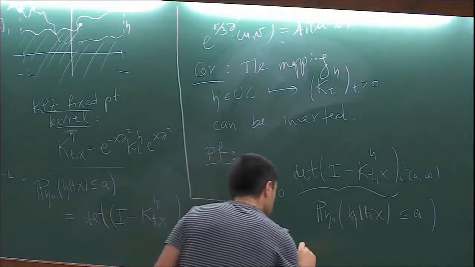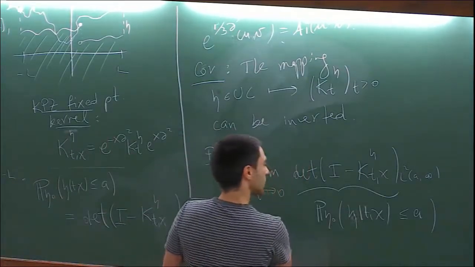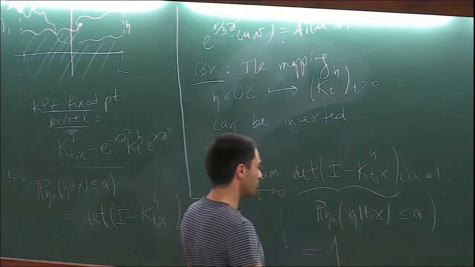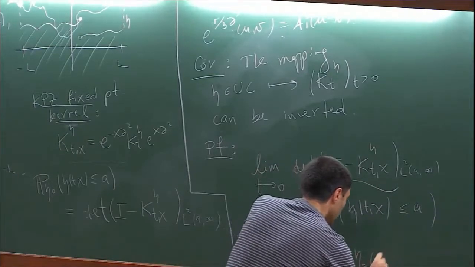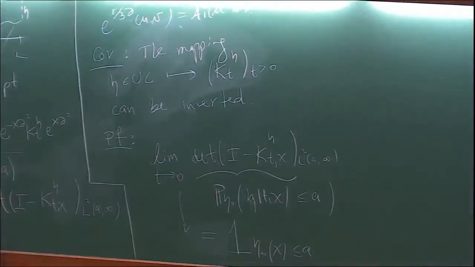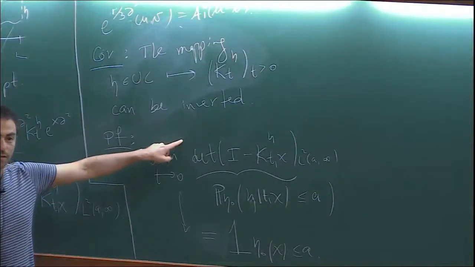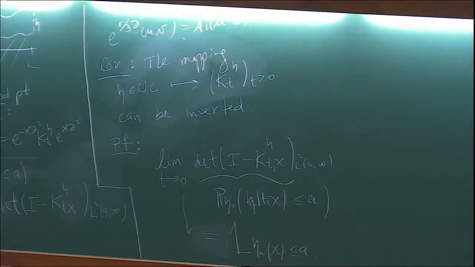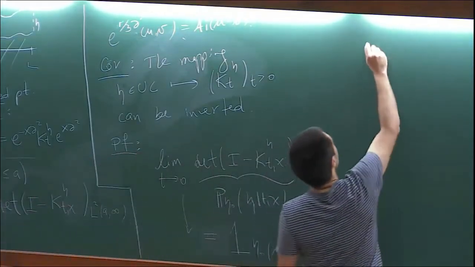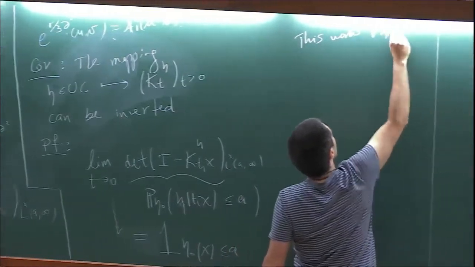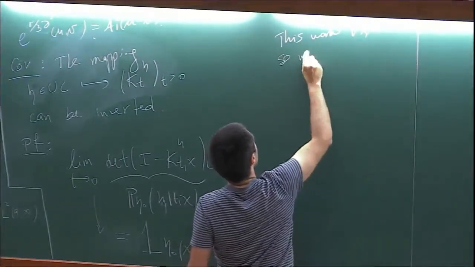So the limit equals the indicator function that h0 of x is less than a. So I take the limit as t goes to 0 of this determinant, and that tells me if h0 of x is less than a. Well, but I can do that for every x and for every a, and therefore I know what's h0. Okay, so this works for every x, a. So you're done.